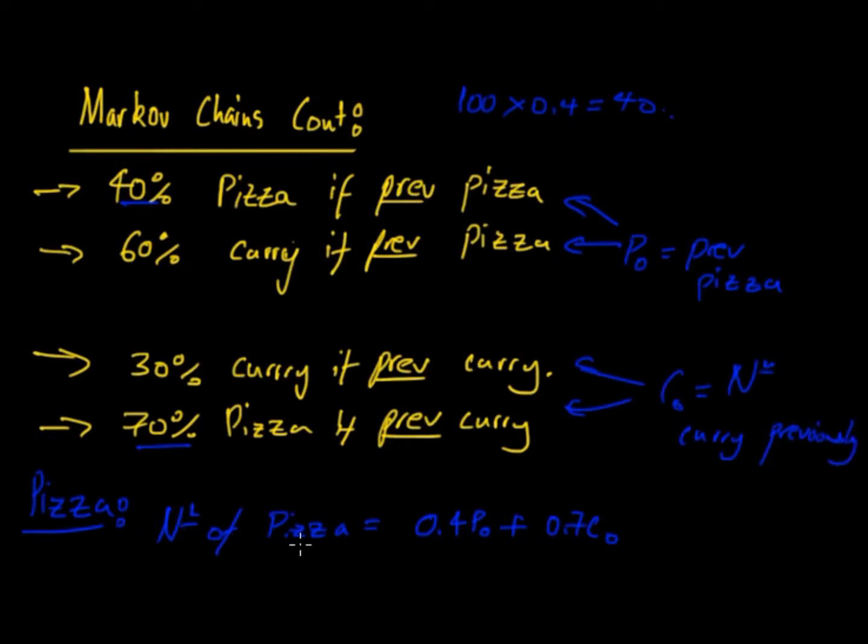So the number of people who eat pizza is equal to 0.4 times PO, the number of people who previously ate pizza, plus 0.7 times the number of people who ate curry previously. Make sure you can understand that.